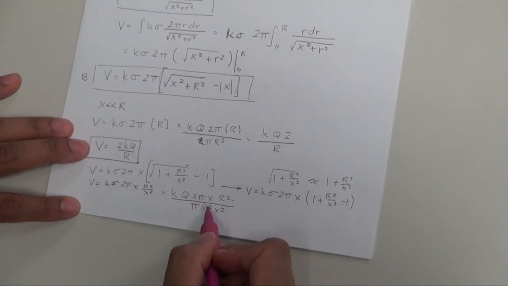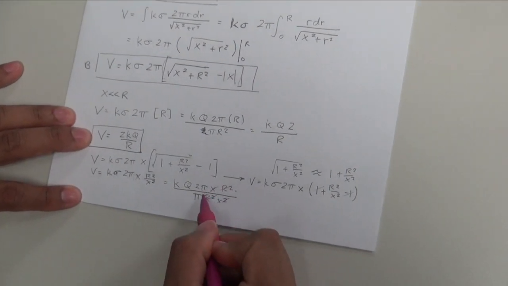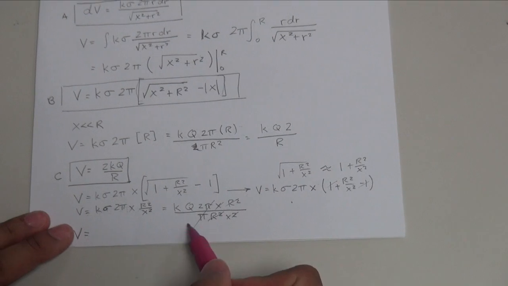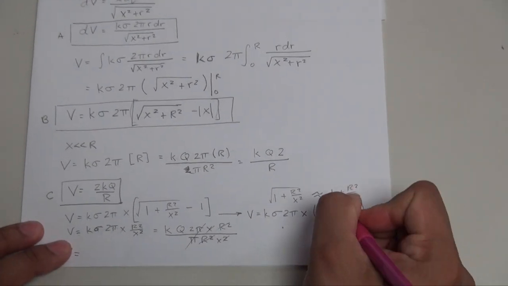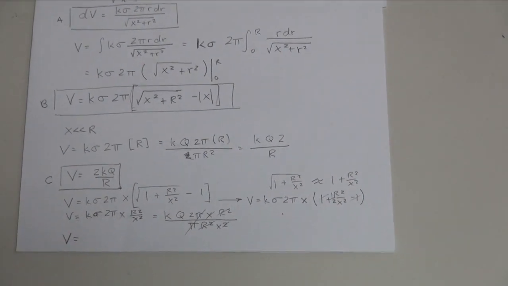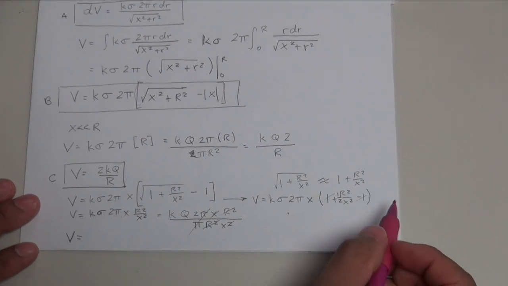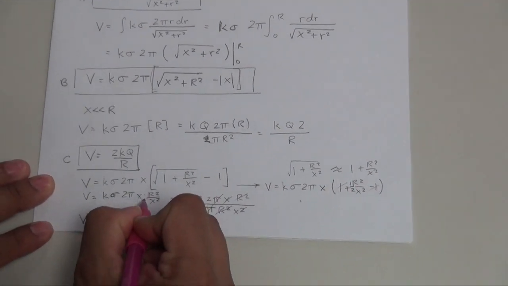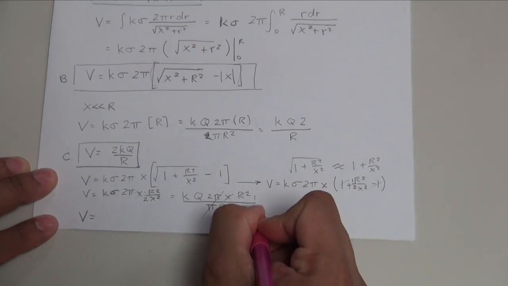Here we can cancel many things. We have the r squared that cancels. One of the x's cancels. Pi cancels. Okay, so I canceled out many things, but I just noticed that by binomial expansion, this should actually be 1/2. Now, if you don't know binomial expansion, you could always Google it. So let me bring over this 1/2 over here also. And let me put it here as well. So it's going to be 1/2.